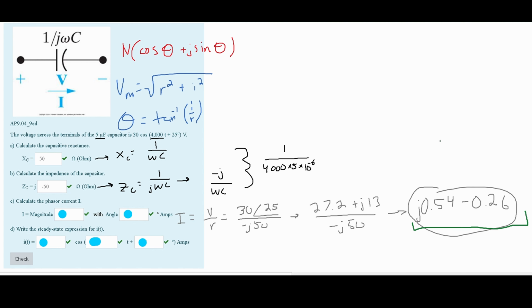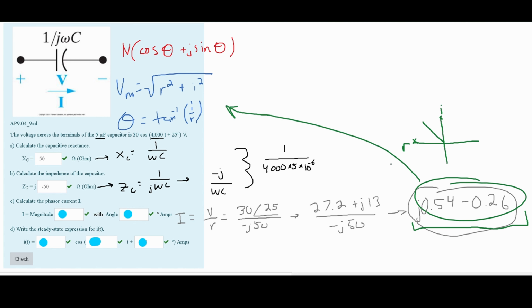So we look at our rectangular form and we need to graph it. We know that our real number is on the x-axis and our imaginary number is on the y-axis. Our imaginary number is positive, so it's going to be up here. Our real number is negative, so it's going to be over here, meaning our angle has to be inside of this quadrant. Now we can plug these into the blue formulas and solve for our magnitude and angle.